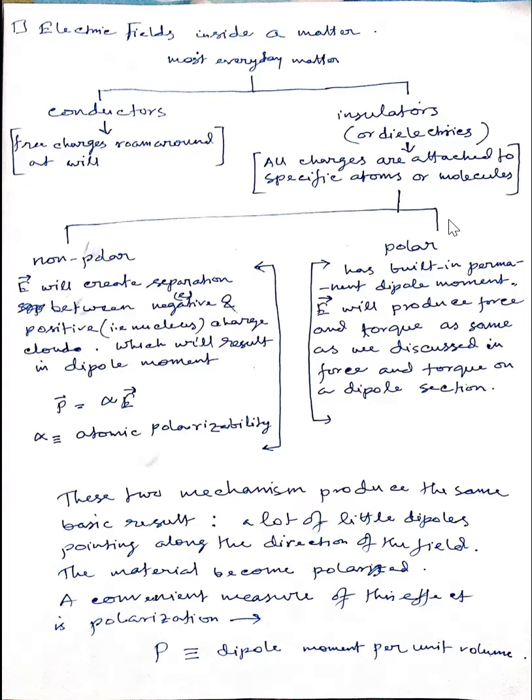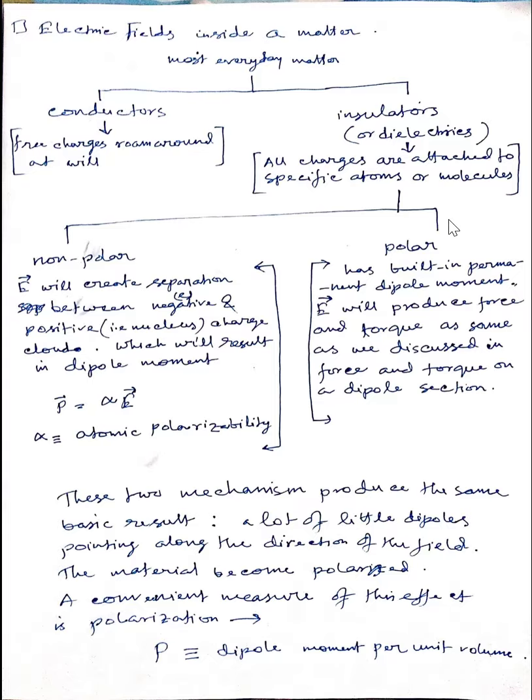So in that case, what will happen if we apply an electric field? This is actually the main motivation of this class, of this video: what will happen if you apply an electric field to dielectrics.